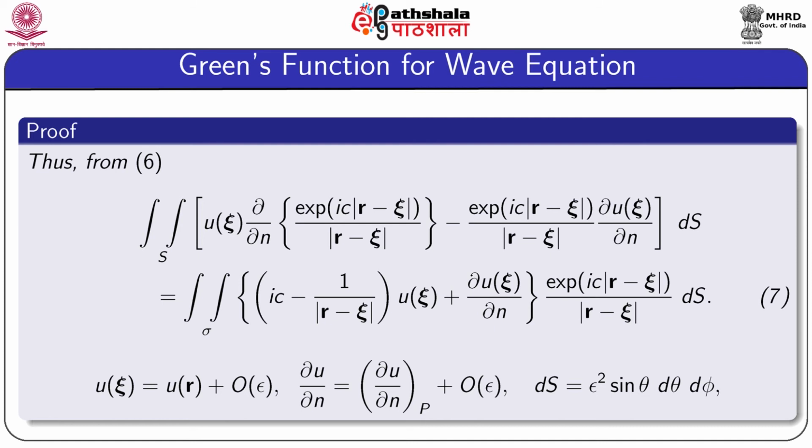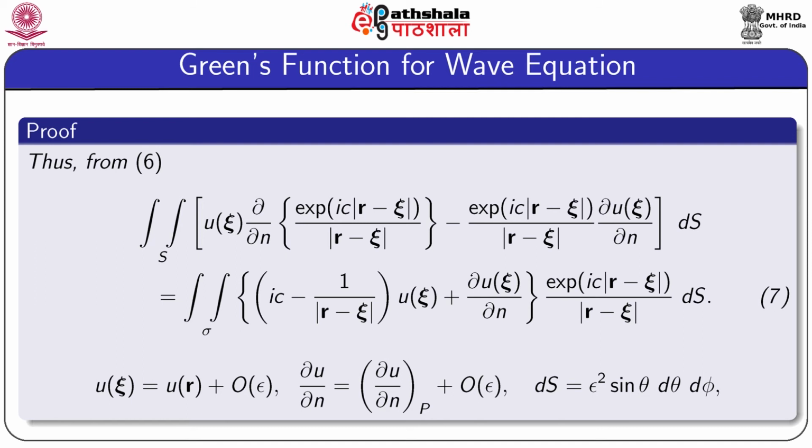Now, on sigma u at xi is equal to u at r plus order of epsilon term, and del u del n at the point xi equals del u del n at the point r plus order of epsilon terms, and on sigma we can write the elementary surface as ds is equal to epsilon square sin theta d theta d phi.